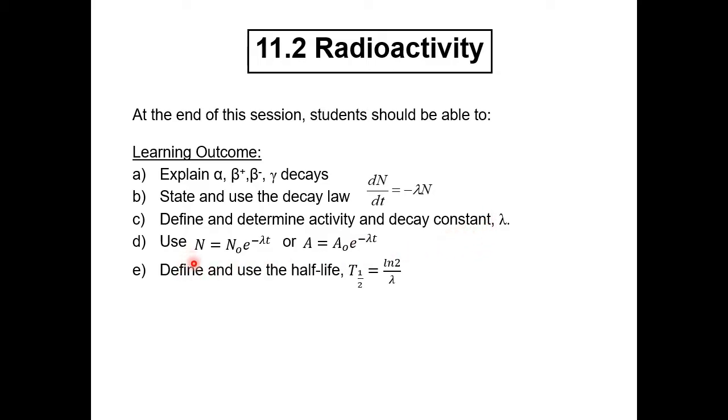Fourth, you need to use N equal to N naught e to the power of negative lambda t, or A equal to A naught e to the power of negative lambda t, and to define and use the T half, known as half-life, which is ln 2 over lambda.